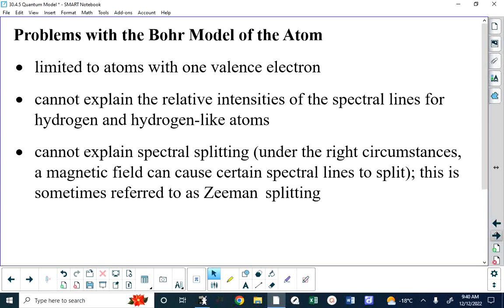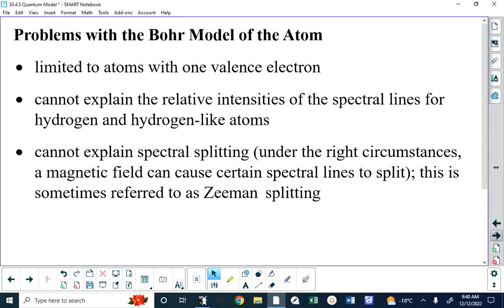Bohr's model also cannot explain something called spectral splitting. Under the right circumstances, when exposed to a magnetic field, the atoms of hydrogen, let's just take hydrogen as an example, do not produce those four lines, but instead produce different lines that are splits of those four lines.